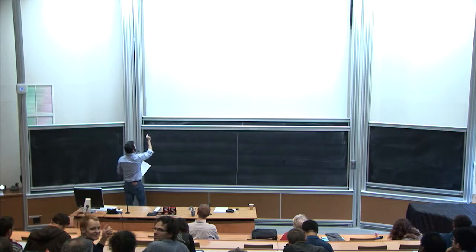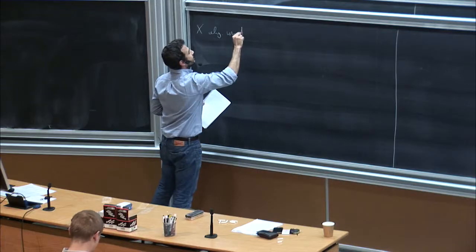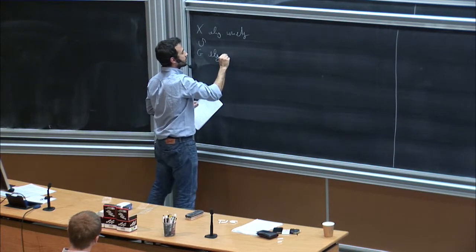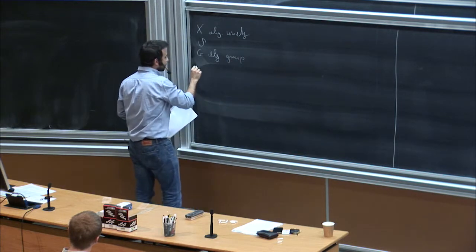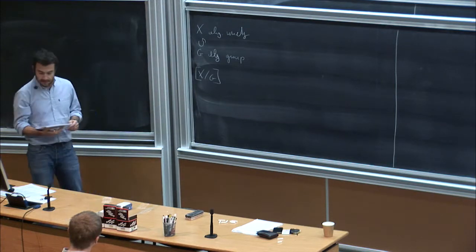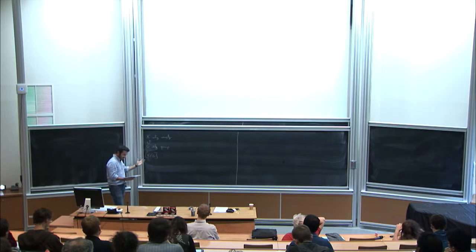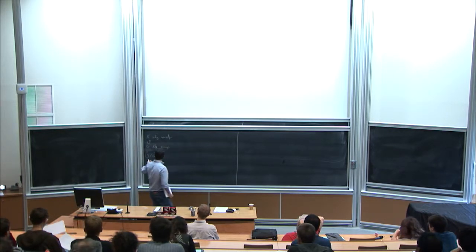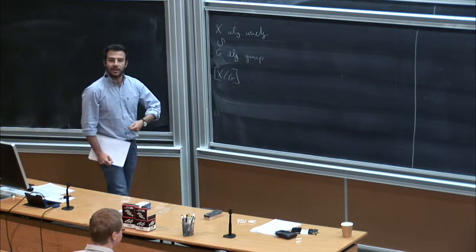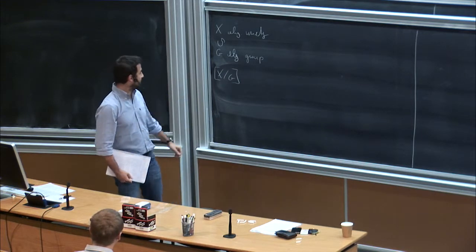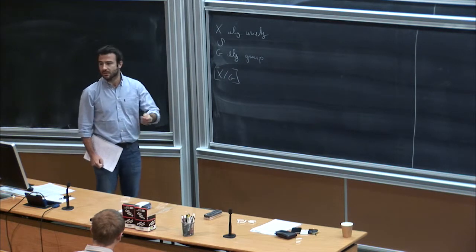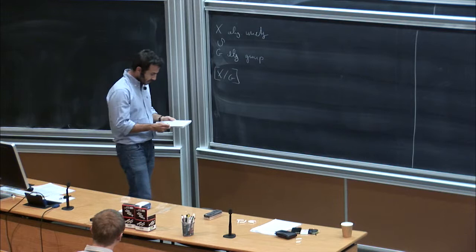So if X is an algebraic variety and G is an algebraic group acting on X, the geometry of the quotient X mod G is the geometry of the action of G on X. And sometimes, if X and G are simple enough, just the fact of having a description as a quotient can let us say something interesting about the geometry of the algebraic stack, for instance about its intersection theory by means of equivariant intersection theory, or about its topology.